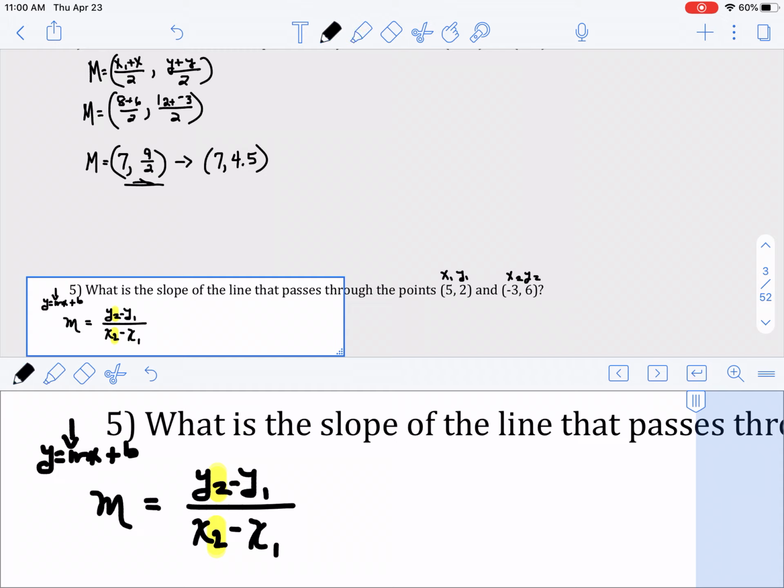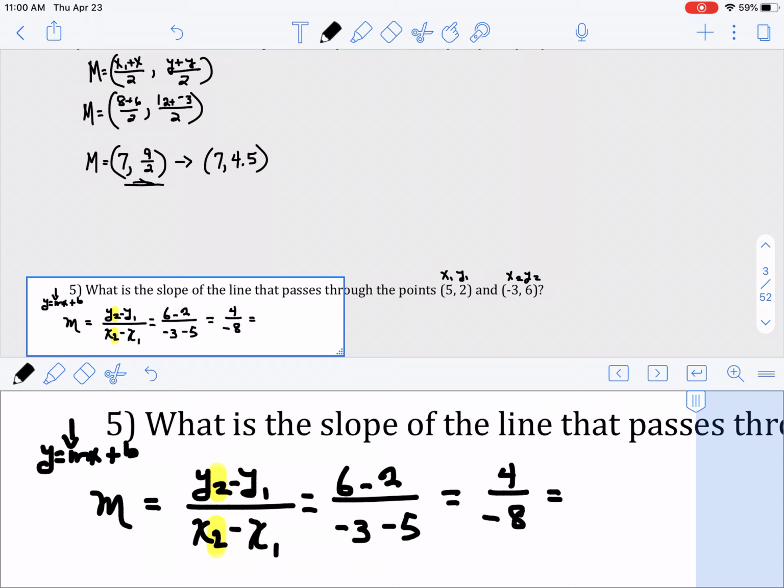So my y2 is 6 minus 2, and then my x2 is -3 minus 5. So I have 6 minus 2, which is a +4, -3 minus 5, which is a -8. So -1/2 would be my slope, and that would be the answer, okay?